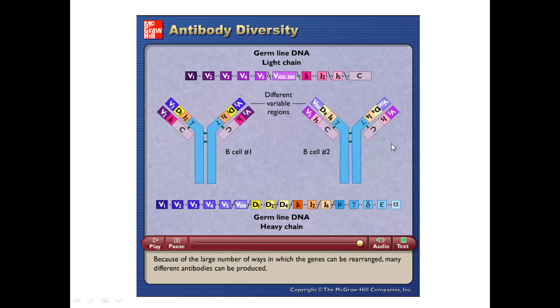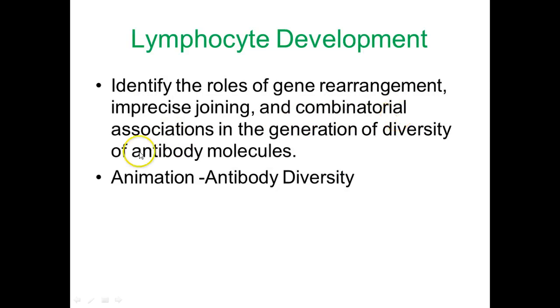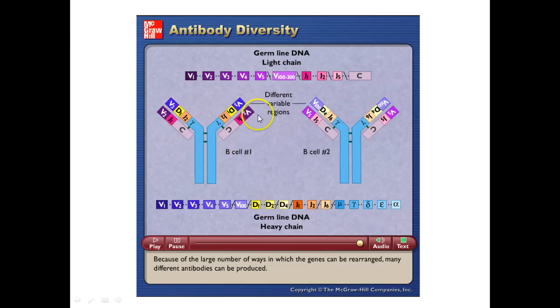And combine them. Now, antibodies are proteins, remember, and this information is encoded in the DNA. And we have 2 variable regions that come together to form this antigen binding site. So you have the combination of the heavy chain and the light chain. That's what we refer to as combinatorial associations, right? So the combination of the 2 gives us diversity right there, heavy chain and light chain. Still with me?